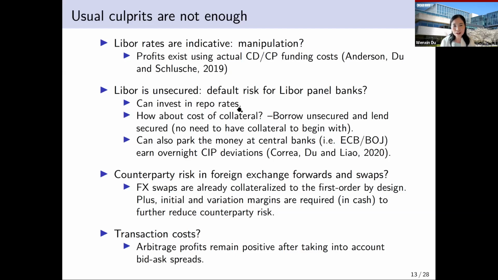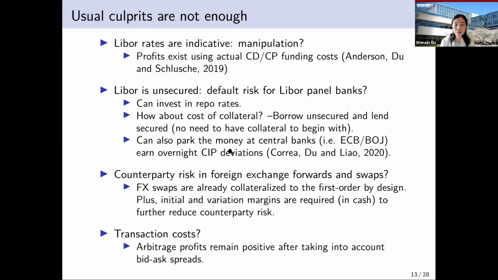Then people worry, how about the cost of collateral? In this case, say we can borrow unsecured using CD and CP and then invest securely in the repo rate. In this case, I don't need to have any collateral to begin with. The cost of collateral would not affect the profits of arbitrage.